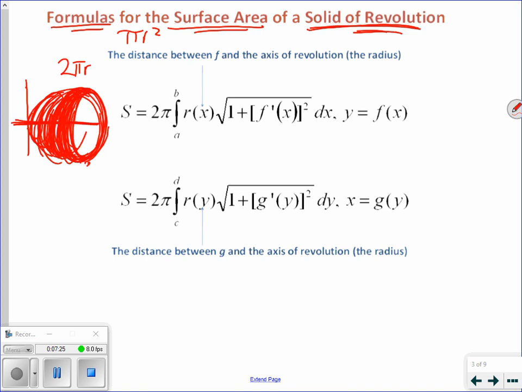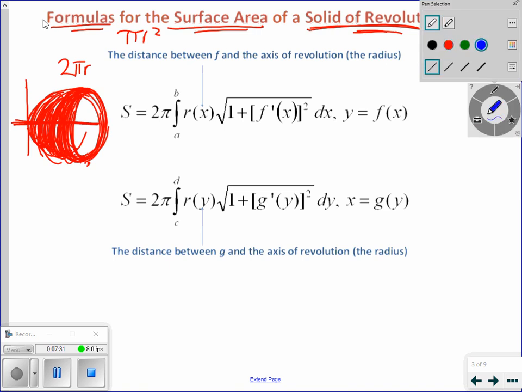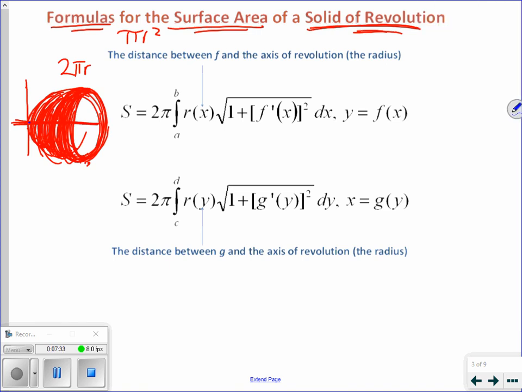Well, how do I figure out all of those circumferences of those circles? If you think about it, I'm going to try to highlight this in blue. The circles' circumferences are just coming from that arc length. For instance, the radius from here to here is the distance from my axis of revolution to my function.